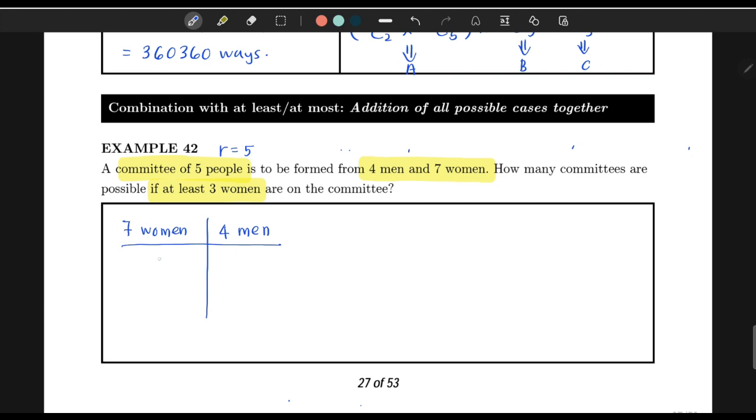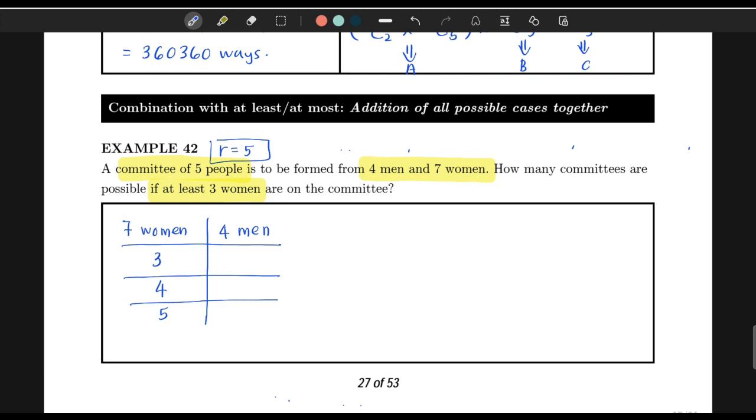So the women, either 3 women or 4 women or 5 women, since the maximum people is 5. So the number of women does not exceed 5 women.